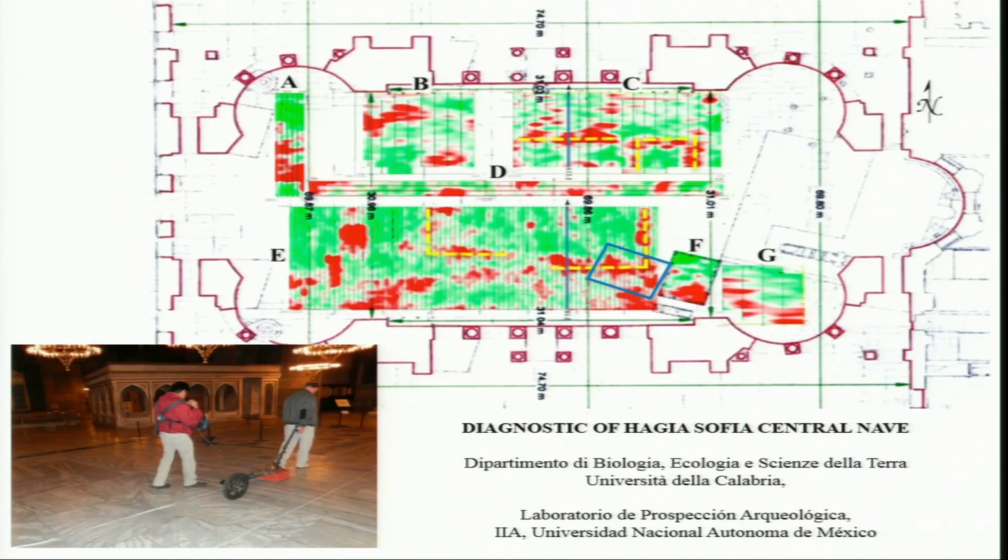In addition to the previous geophysical techniques, we also have been using the radar, the georadar. It is very useful, especially in urban conditions. And in this specific case, it was very useful to try to make a diagnostic of the underground of the Hagia Sophia.